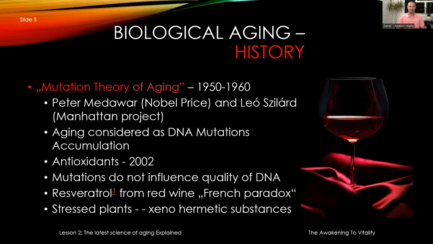So some possibilities that you can even reverse this DNA decay or DNA damage with special substances, special molecules, of which one of the most important was found to be resveratrol, which was also the basis for the so-called French paradox: that even French people, who do not have a perfect nutrition, eating a lot of fatty food, but drinking a little bit of wine every day, are still having almost perfect health in comparison to citizens in other countries who do not drink any red wine.